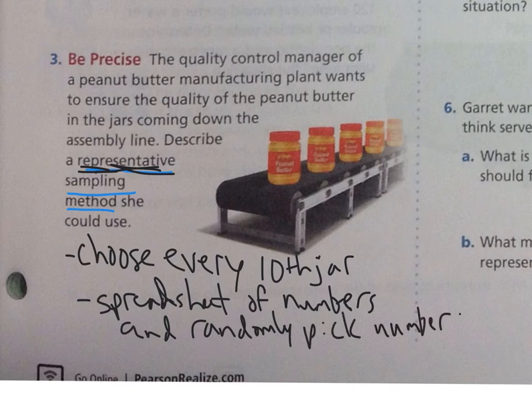The one difficulty, potentially with both of these methods, is that we've got this assembly line moving. It might be hard to keep track of whether that is the 10th jar or the 8th jar. And especially if we're randomly picking numbers, I want number 117 and now I want number 136, so you have to be constantly counting all the jars. Realistically, they probably just every so often pick a jar off there and check it out and make sure it looks okay.